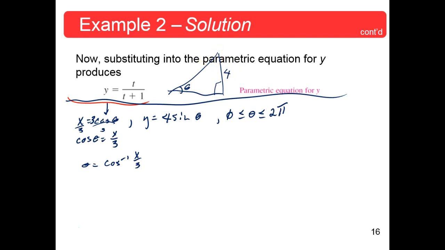That's not going to be helpful, okay? Because normally it's opposite over hypotenuse, and your y is that. But we could call this y for now, for lack of anything else. And cosine theta is x over 3.